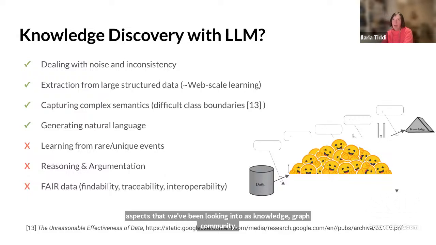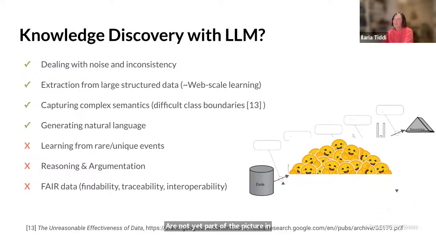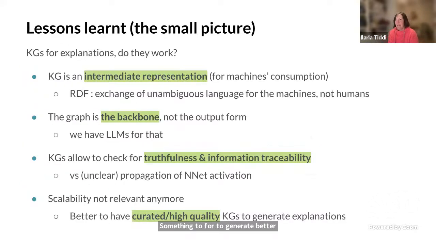So there are limitations in using that, but it doesn't mean that we need to discard them completely. We can just join both worlds and work out something to generate better explanations.